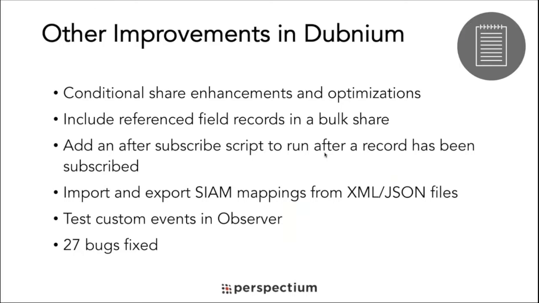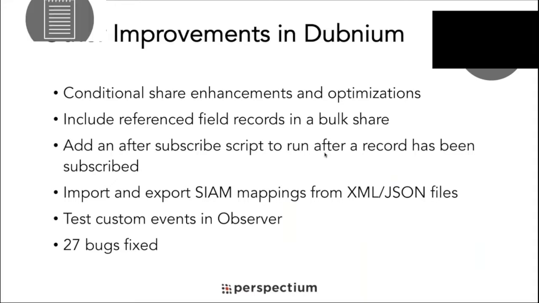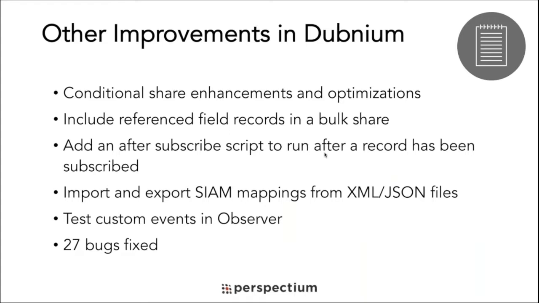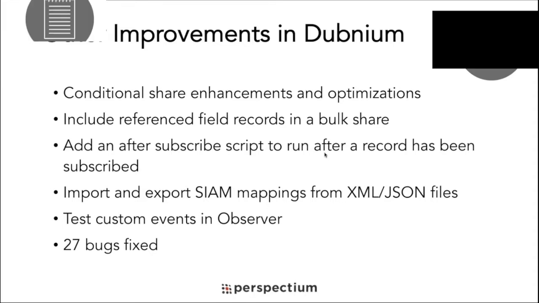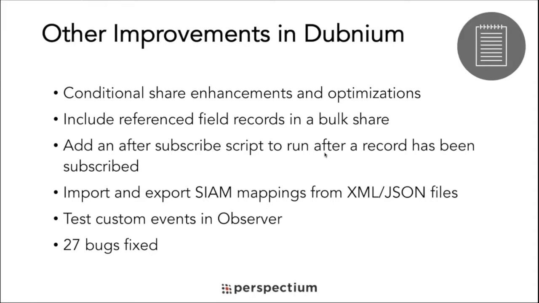We've added some conditional share enhancements to allow you to share records through a conditional share if certain trigger conditions require that the record be sent through a different table map or target queue. For example, you might use a conditional share if records related to software problems require a unique table map or target queue.